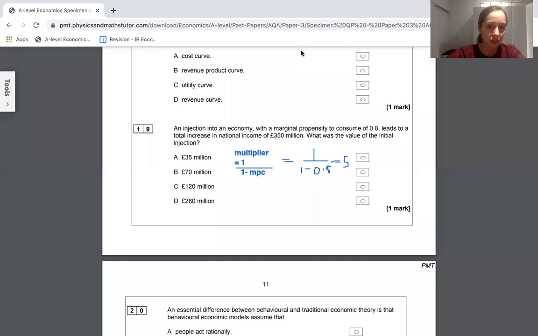They're asking you for the injection, so you need to use another equation to work that one out. The multiplier equals the change in national income divided by the injection.